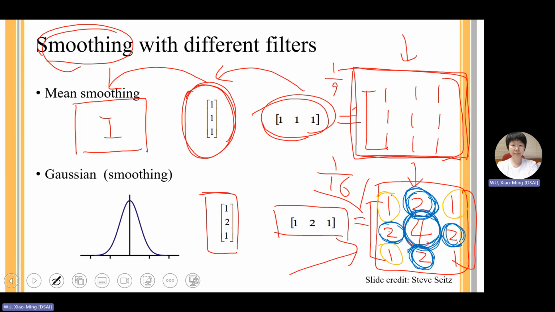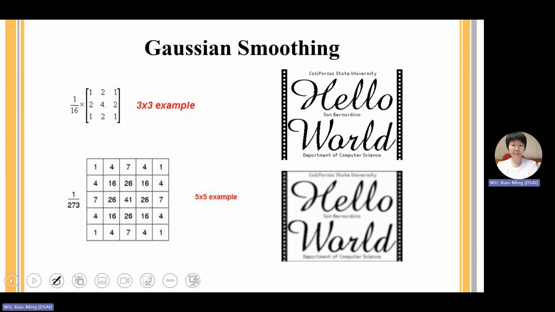So the weighting in the Gaussian kernel is inversely proportional to the pixels' distance to the center. Okay, this is a typical 3x3 Gaussian filter, while this is a 5x5 Gaussian filter.